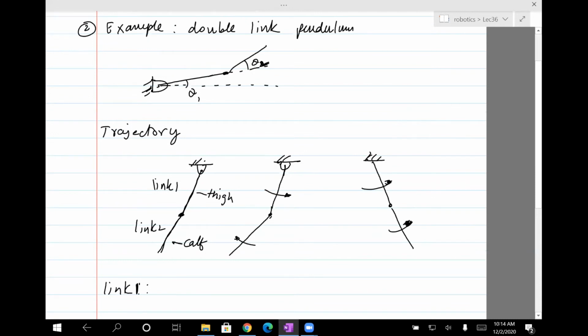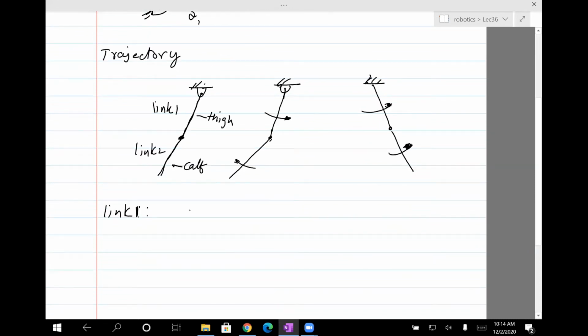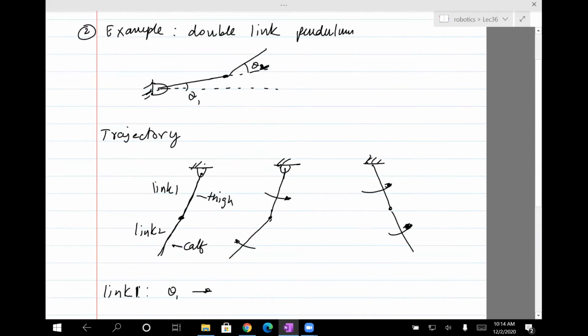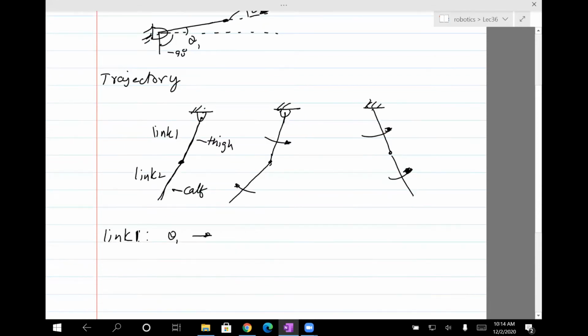I want theta 1 to go from, since the angle is measured with respect to the horizontal, minus 90 degrees, which is minus pi divided by 2, minus 0.5, which just says that this angle is 0.5 with respect to the vertical.